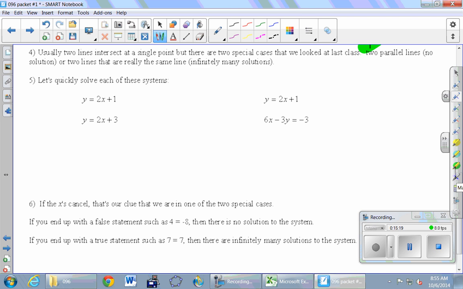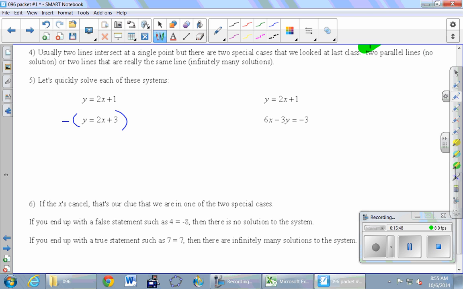So let's take a look at this first guy. Here, y equals 2x plus 1, y equals 2x plus 3, solving these two equations at the same time. Let's just subtract this equation from the top one, okay? It's the same as adding, right? Adding and subtracting. So when we subtract, what happens with these y's?